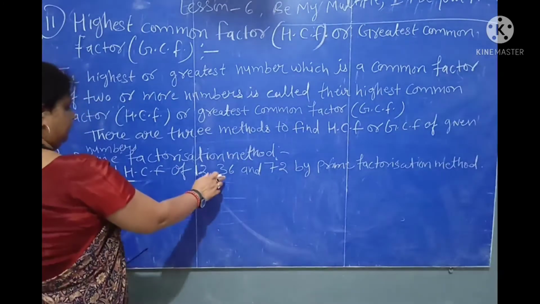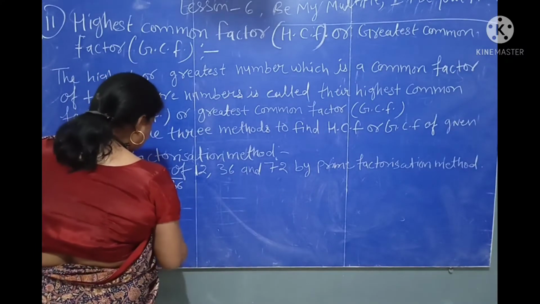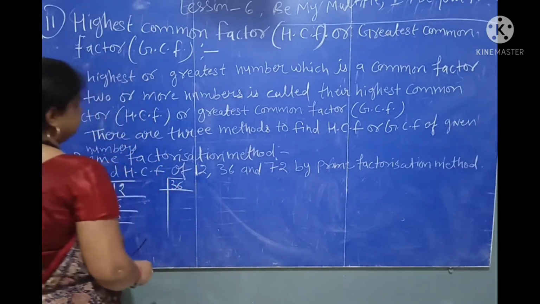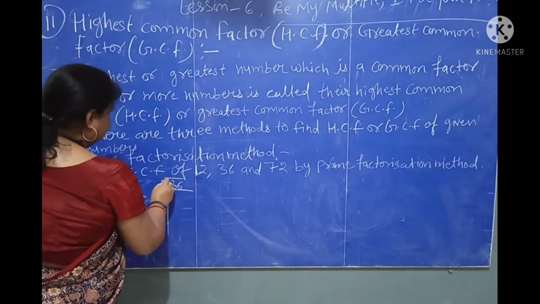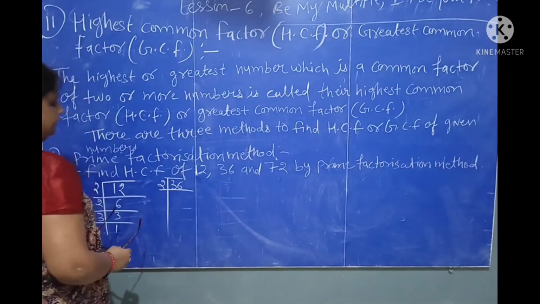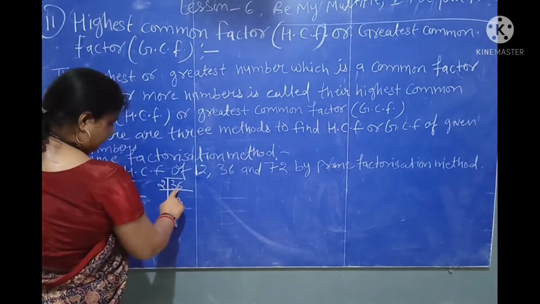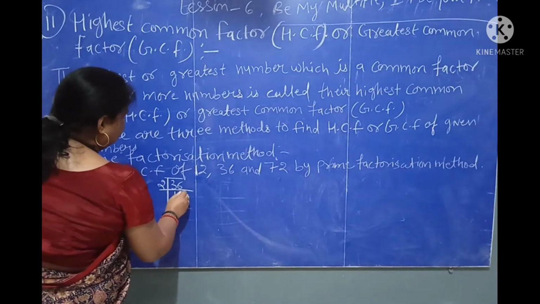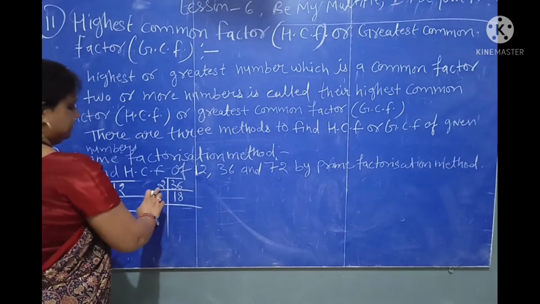Now we find factors of 36. Here is 36. We make a structure like this. So 36 is divisible by 2. So we take least prime number 2 to divide 36. So 2 1s are 2. Remaining 1, here will be 16. 2 8s are 16. Here is 18. 18 is divisible by 2.